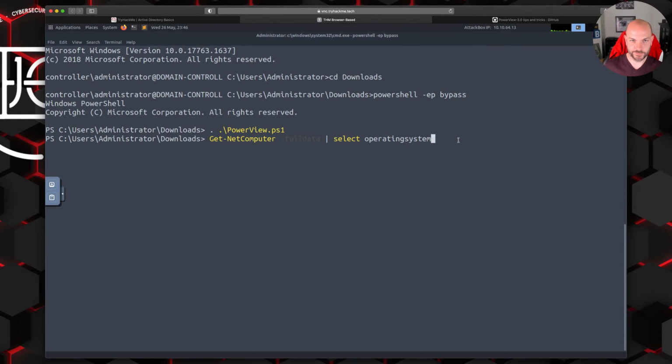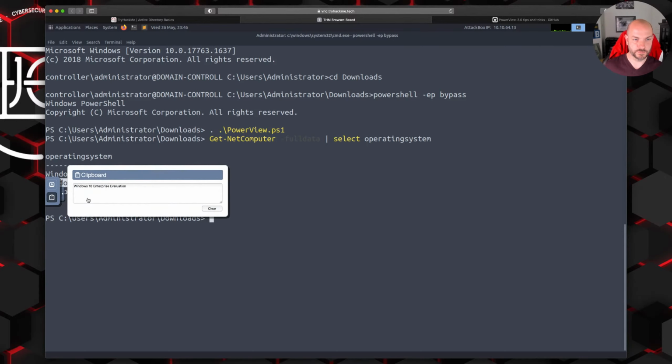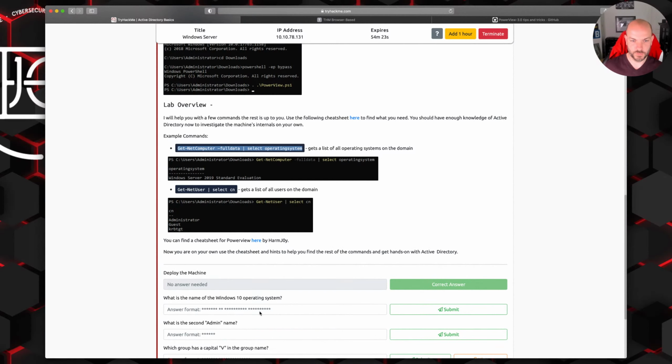Let's see what we got. So they're asking which is the Windows 10, and we only have that one, an enterprise evaluation, coming up as an option within the environment. So we'll copy that.